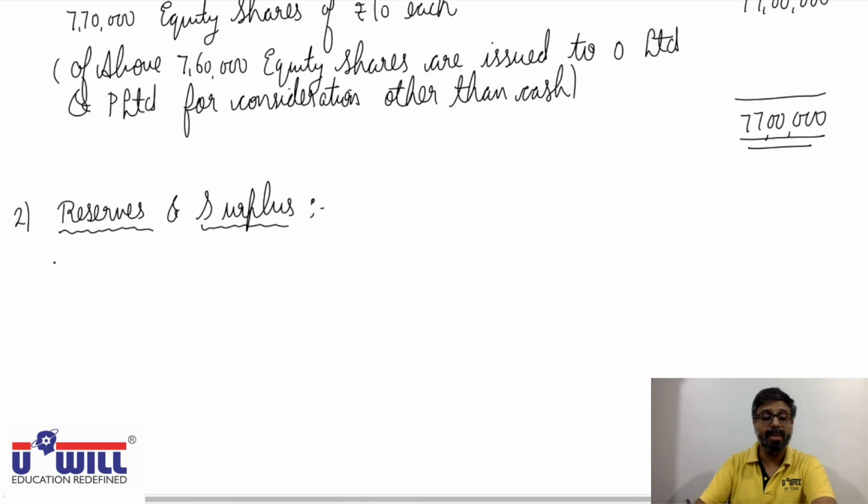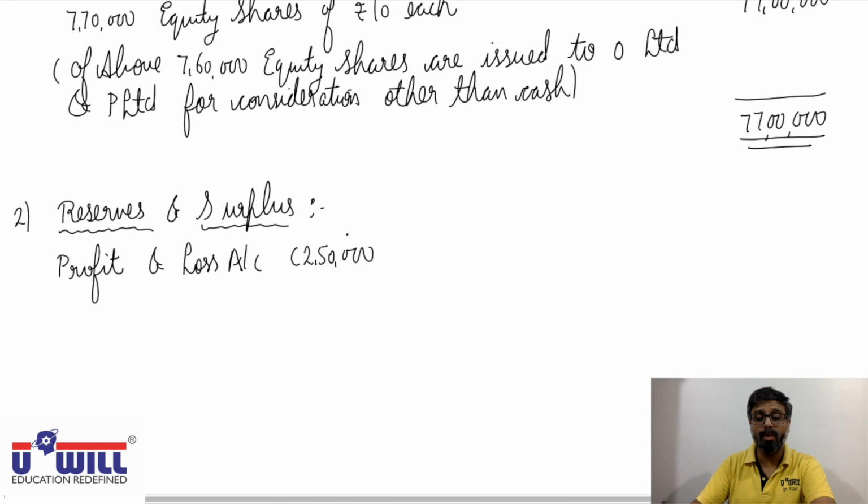Reserves and surplus, profit and loss account, 2,50,000 that was credited in entry number 2 minus 25,000 that was debited.